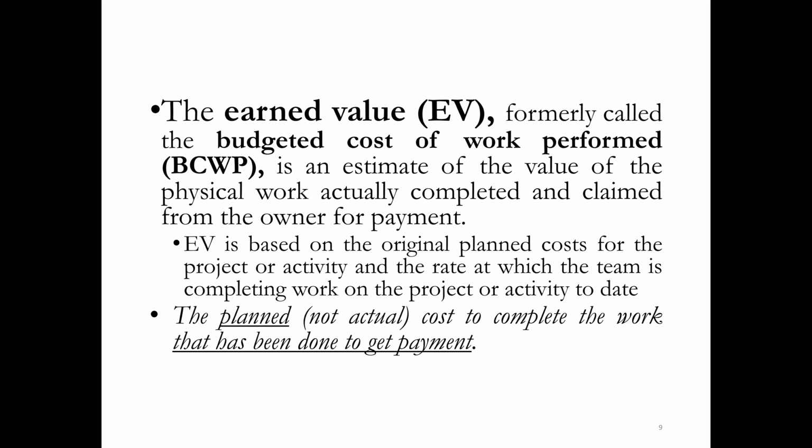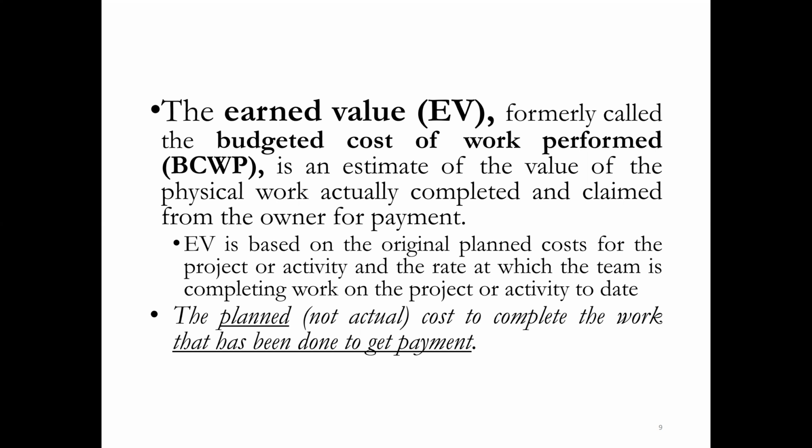So earned value will be the work we have completed, in terms of percentage: how much work is complete, like 10%, 20%, 30%. So we can claim that in this month we have done this much work. We submit the payment, it will be approved by the consultant, and the owner will pay the money to the contractor. So that will be our earned value based on the work done.